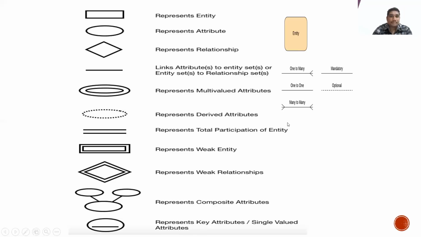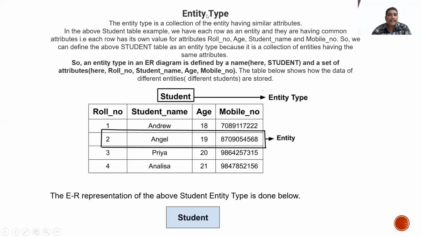Next, entity type, which we already discussed. An entity type is a collection of similar entities having similar attributes. In the student table example above, each row is an entity, and each row has its own values for the attributes roll number, age, student name and mobile number.